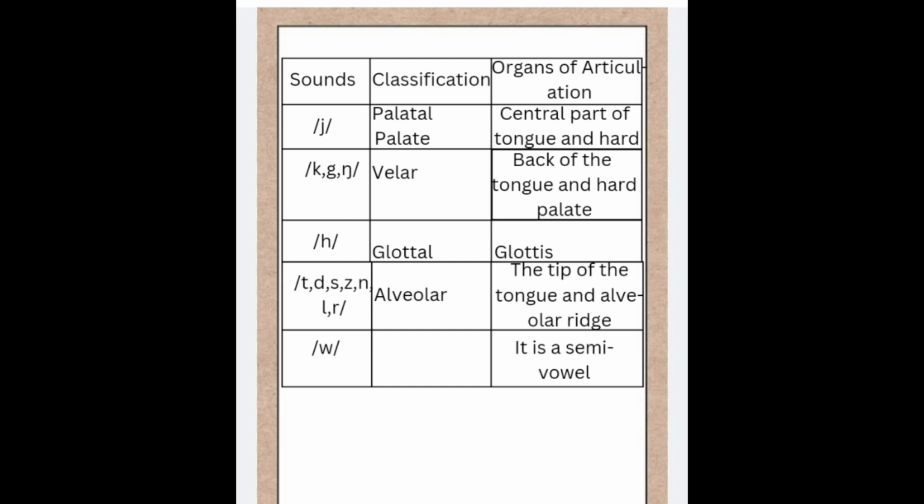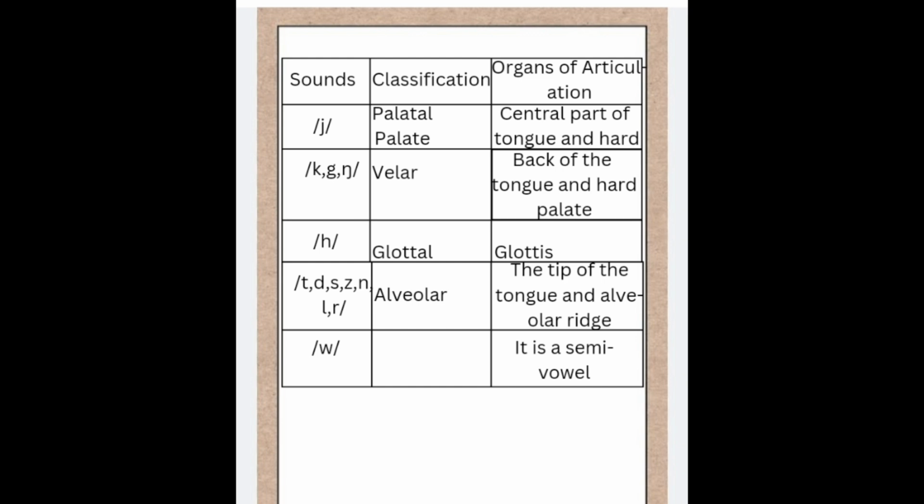We have h. This is a glottal sound. The organ, of course, responsible for the articulation is the glottis. We also have t, d, z, l, and r.